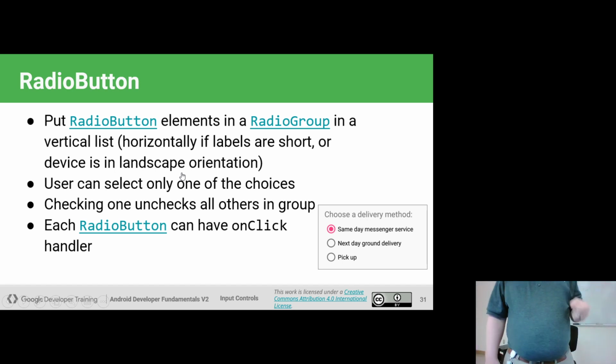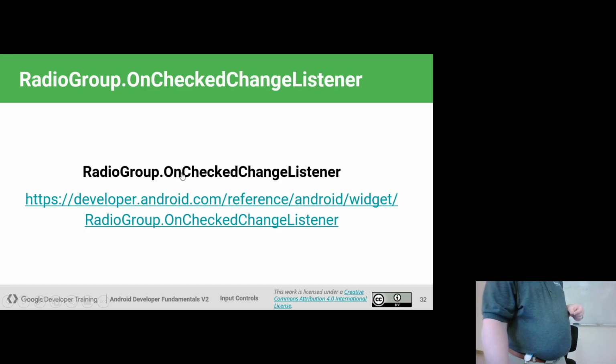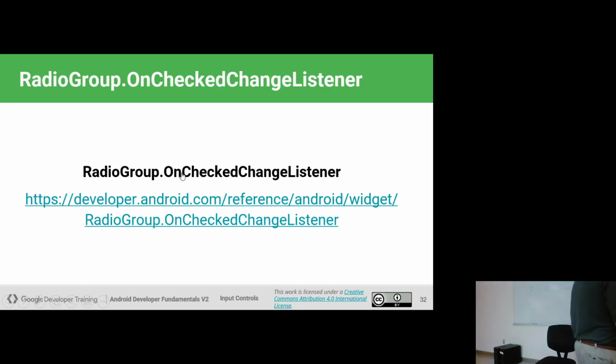Now we can handle the on-click event on a radio button, but as a big general rule, most of the time that will probably cause you more headache than it's worth. So usually rather than handling the on-click event on the radio button itself, we're going to put the listener on the radio group.